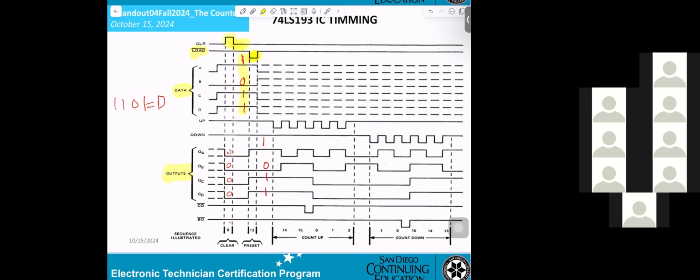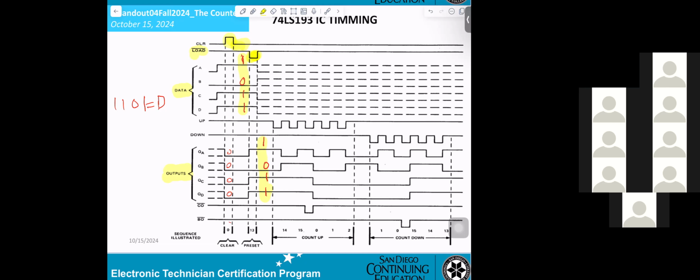When the load goes low, output Q will be the same. That means whatever number you are loading, the output will be the same. In this timing, they are using number 1011 or 1101.